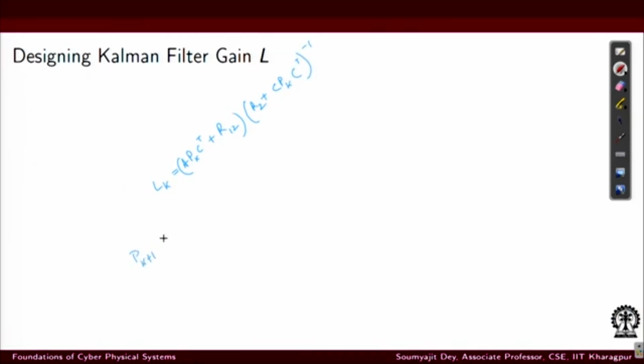Then the reconstruction error dynamics can be written with this value as something like this.